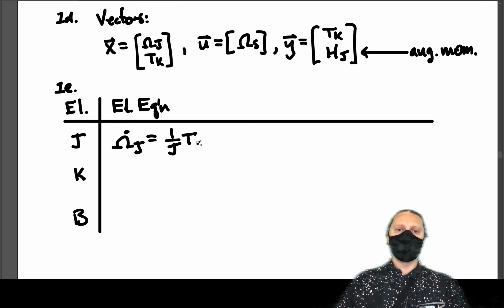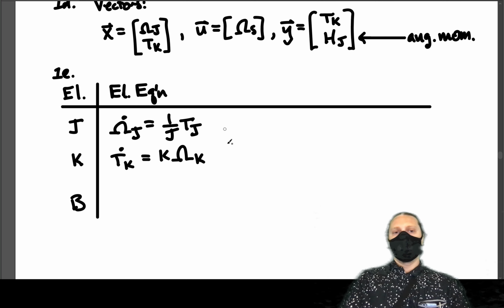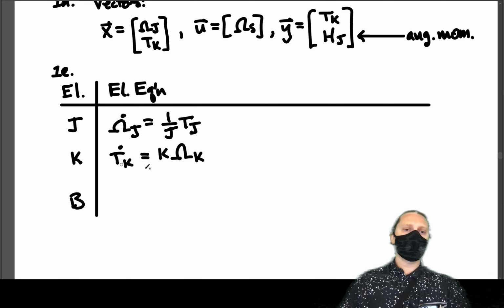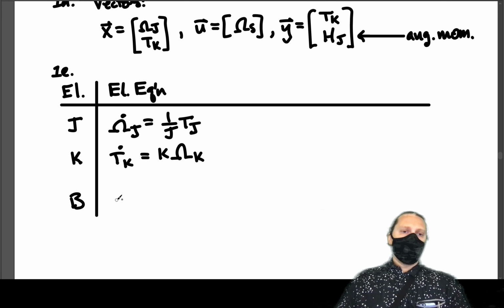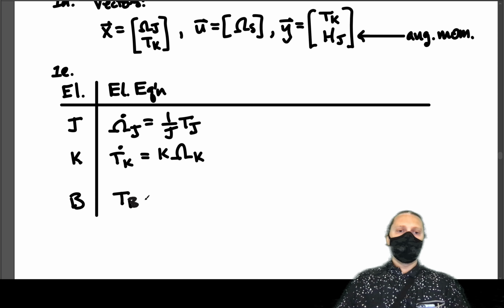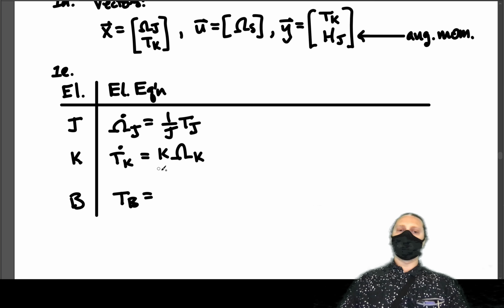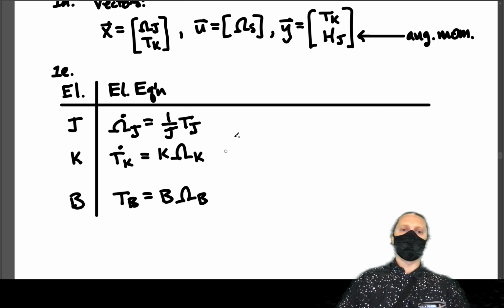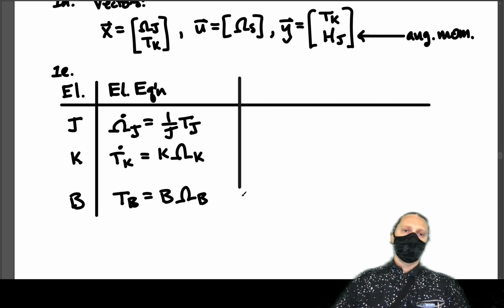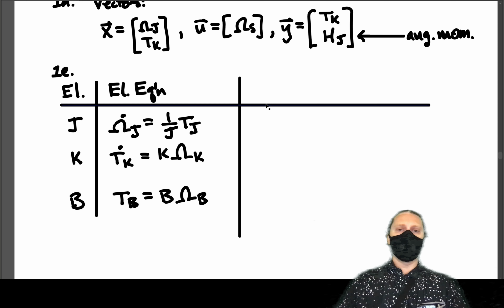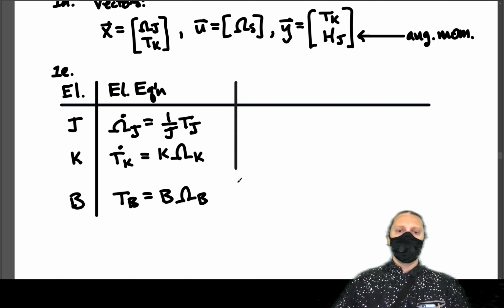The elemental equation for the spring is Tk dot equals K omega k, which is a derivative of Hooke's law. And we have Tb, the torque through the damper, being proportional to the angular velocity across the damper. Great. So this was E.